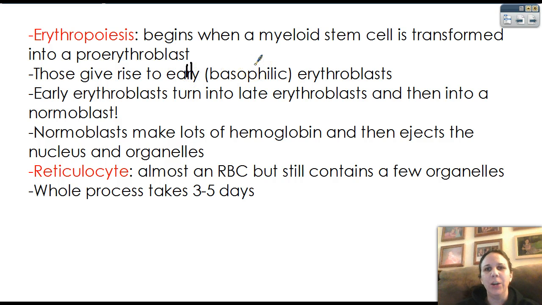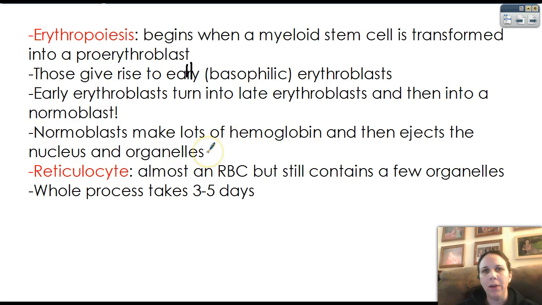early erythroblasts, also called basophilic blasts, because they fill like basic stuff. The early erythroblasts turn into late erythroblasts, and then they turn into a normoblast. Normoblasts make lots of hemoglobin, and then they eject out their nucleus and organelles to make room for all that hemoglobin.